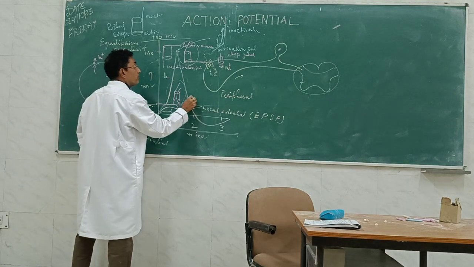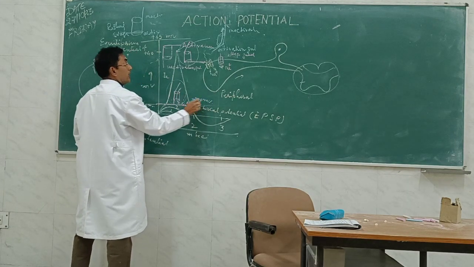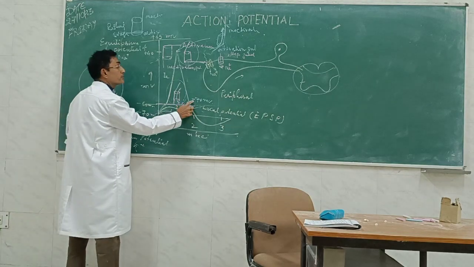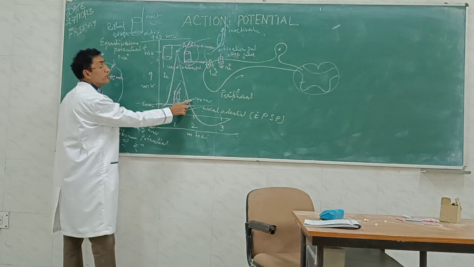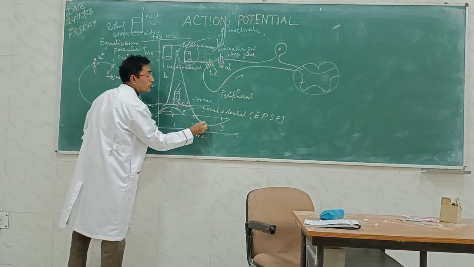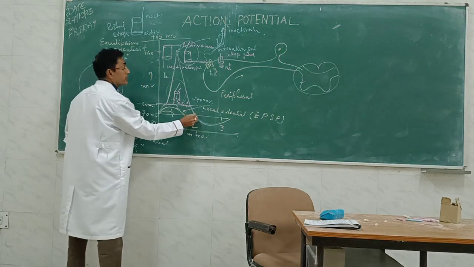Now, as soon as the potential comes back to minus 70 millivolt, once the voltage is nearer to the equilibrium potential, the exit of potassium will be slow.